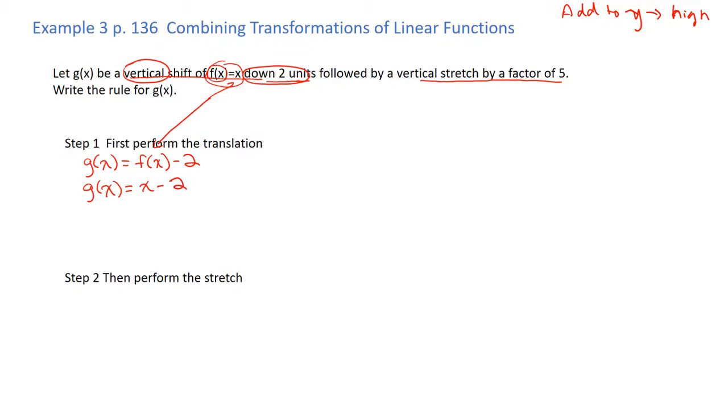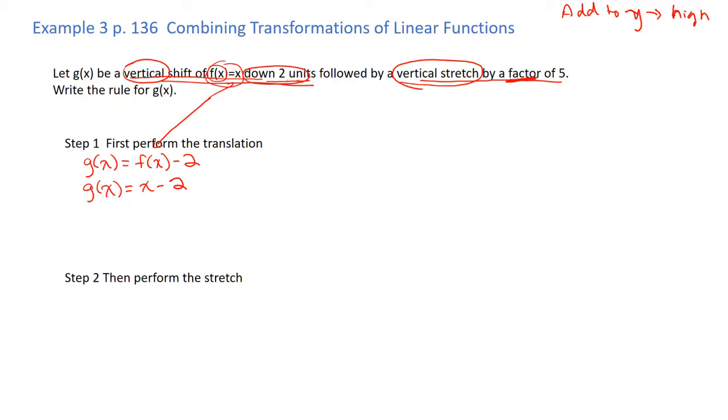This is our first vertical shift. That's all we had to do. Now next it says we want to do a vertical stretch by a factor of 5. Remember that factor means multiply. And we're in the y, and y isn't near as complicated. We can just multiply y by 5. So let's just substitute.